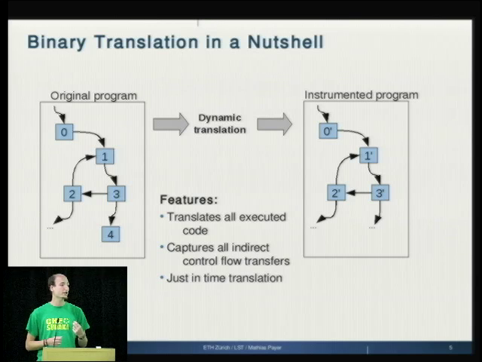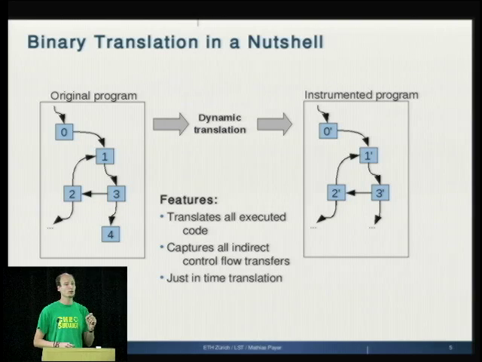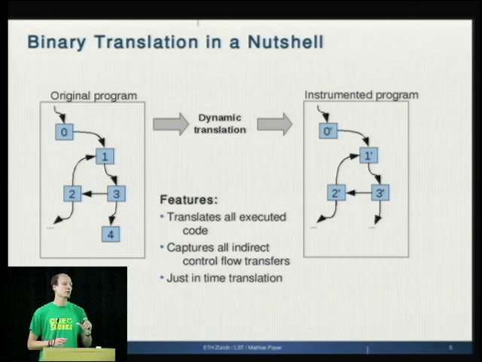We capture all indirect control flow transfers and translate them on the fly and give the illusion as if the original program would have been run. And we translate every instruction before it is run. So whenever we see a new instruction that is about to be executed, we translate it first, catch it, and can add our instrumentation.